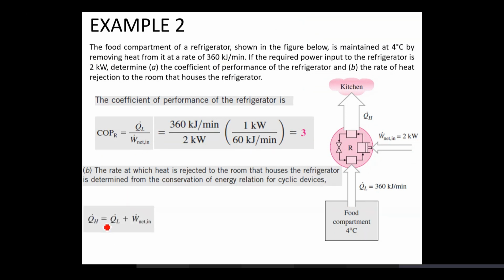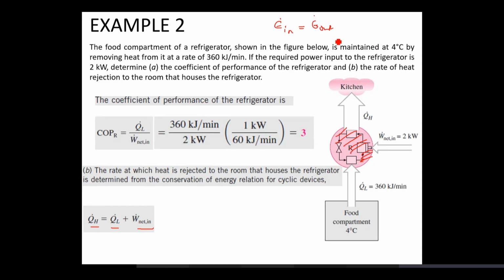So Q dot H is essentially Q dot L plus work dot net in. If you consider this as the closed system, you know the rate at which energy is coming in is equal to the rate at which energy is going out, since you assume that it is working under steady state conditions.